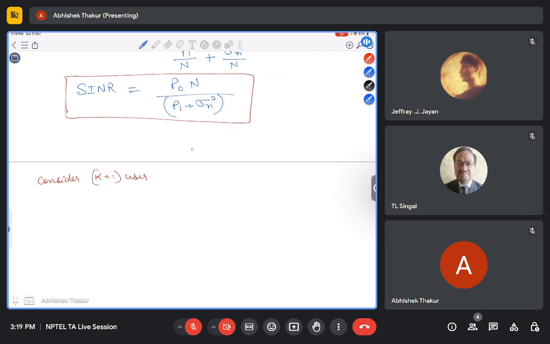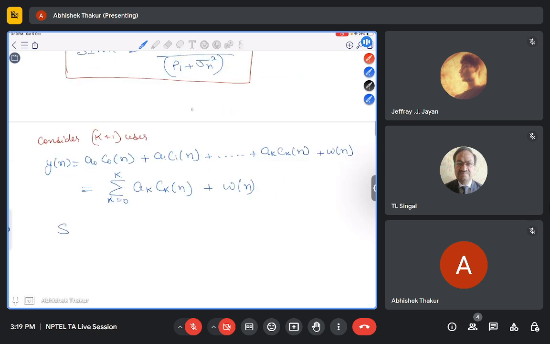So for k plus 1 users, our y of n is equal to a naught c naught n plus a1 c1 n plus ak ck n plus w of n. We can write this as summation of k equal to 0 to k ak ck n plus the noise.